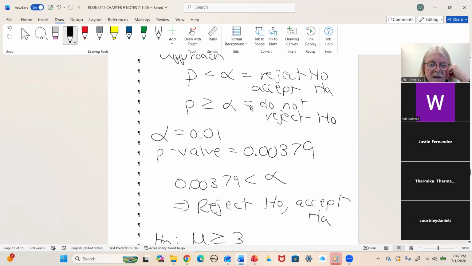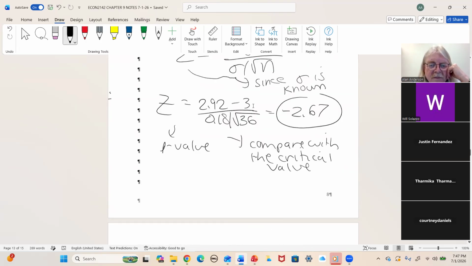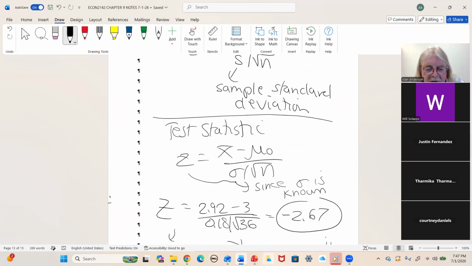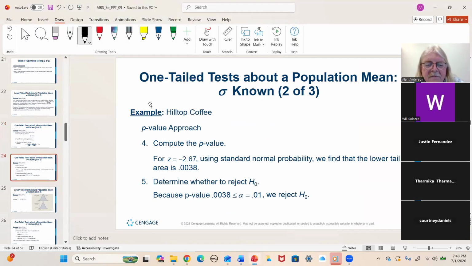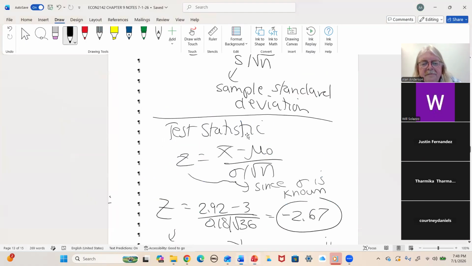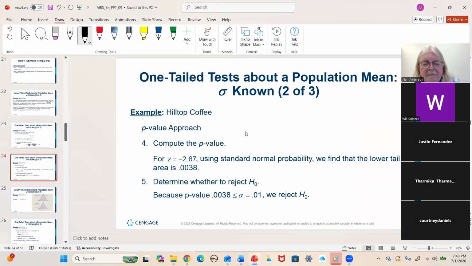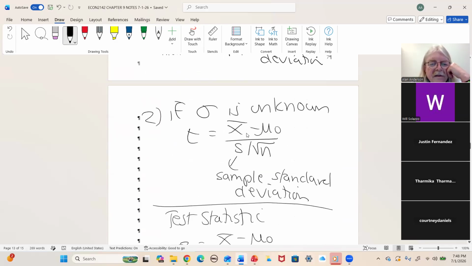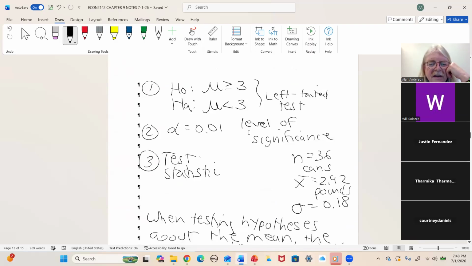Okay. All right. So God, that was a long example. Let me go back and see if I didn't miss something. The coffee example, and we found, well, first we remind ourselves that this is how a test is set up.